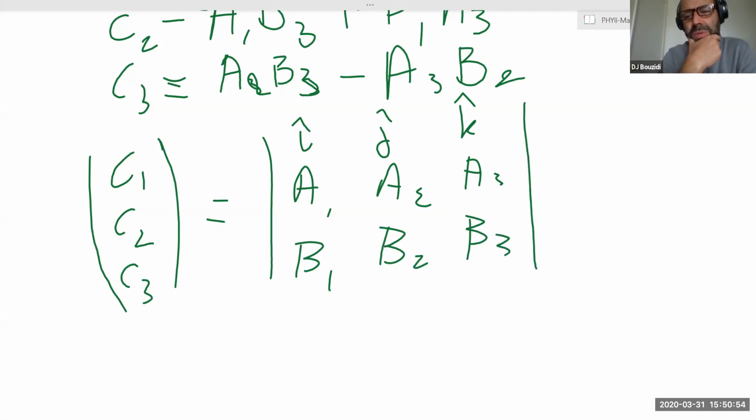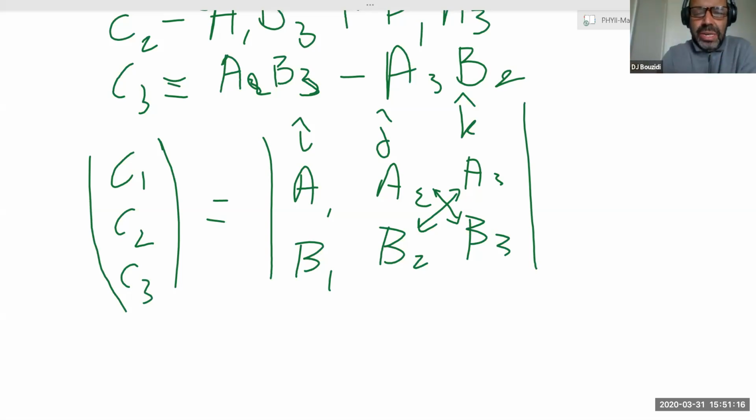So the components for this one is just this product minus this product. So A2B3 minus A3B2, and this is in the I hat direction.